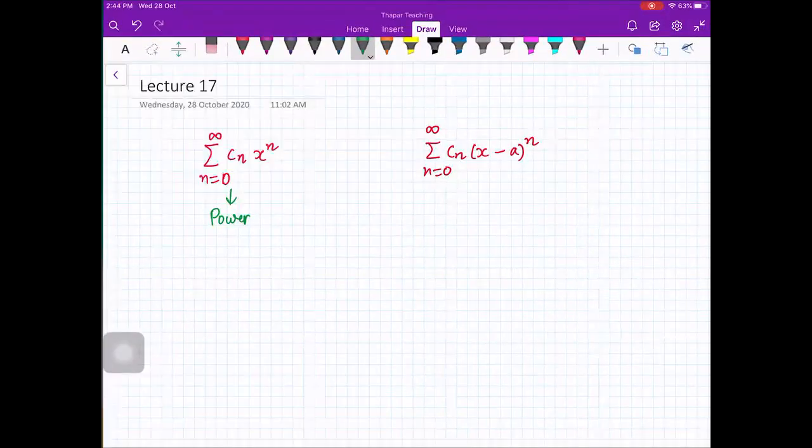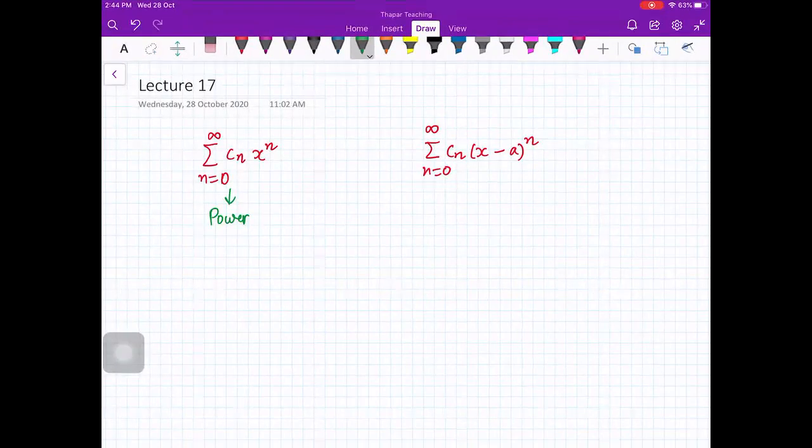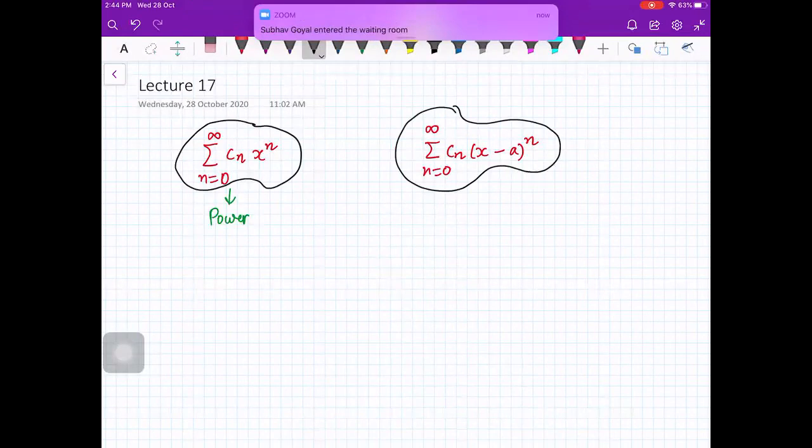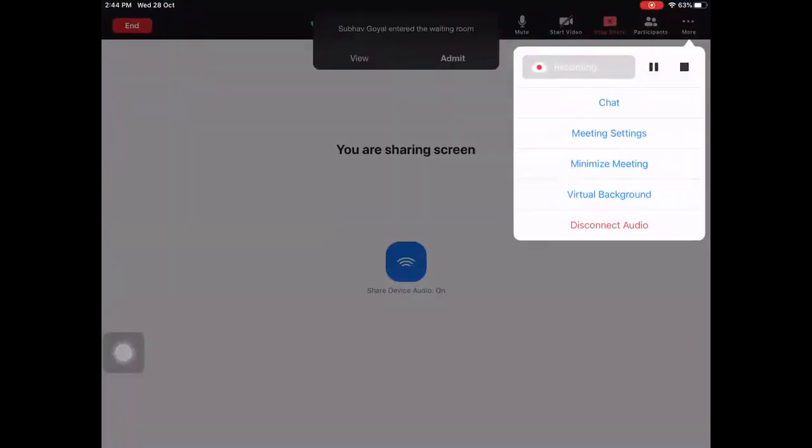Yesterday we had discussed that if you have a series of this form, Cn x raised to power n, n from 0 to infinity, or a series of this form, Cn (x minus a) raised to power n, n from 0 to infinity, these are called power series.